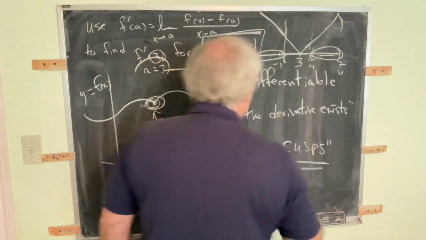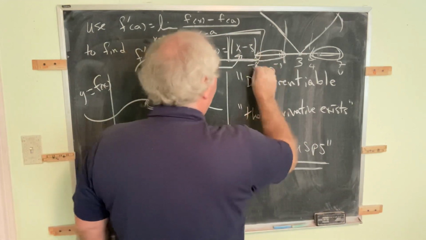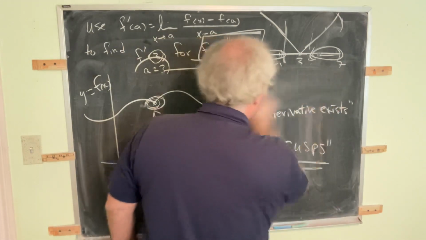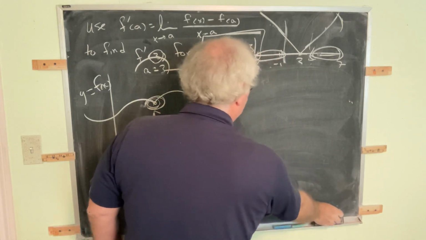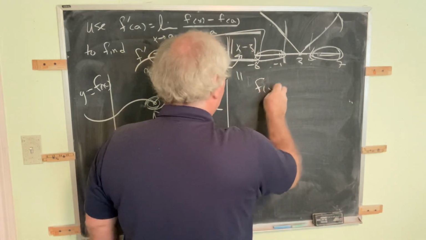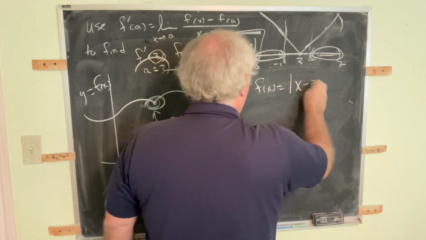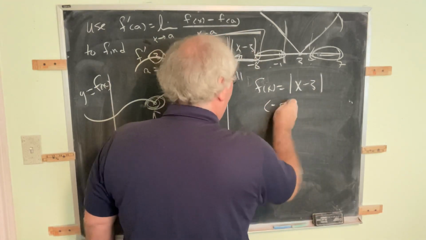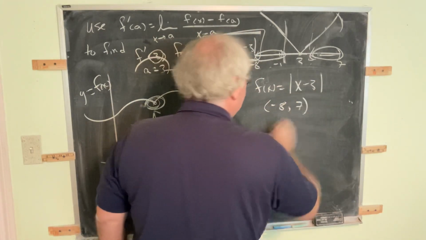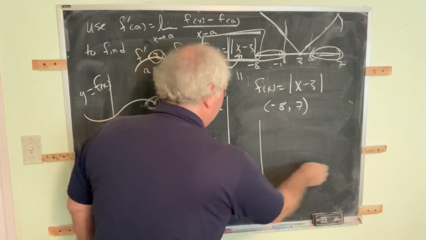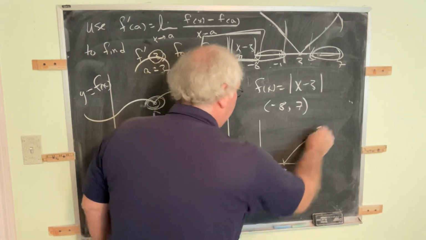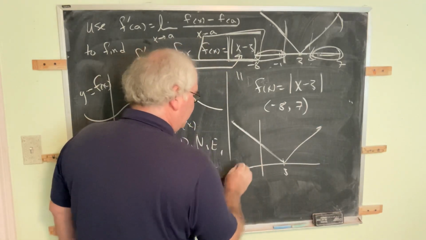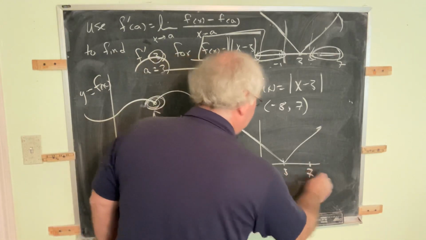So let's talk about this function, f of x equals absolute value of x minus 3, on the interval from -8 to 7. So here's my little graph here. Here's 3. Let's suppose this is -8 and this is 7.